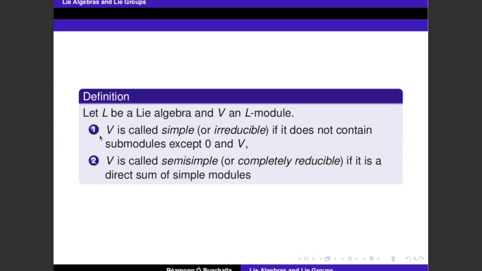And it is called semisimple or completely reducible if it is a direct sum of simple modules. Again, you see the comparison with the case of Lie algebras, but here we're defining semisimplicity directly. It turns out to be more useful to define it directly in terms of being a sum of simples, unlike what we did for the special case of Lie algebras.